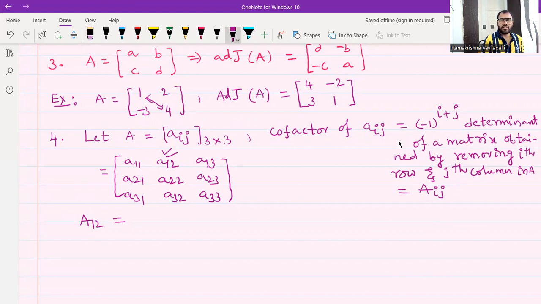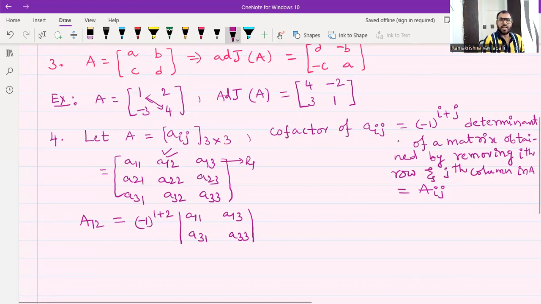It is (-1) to the power of 1 plus 2, determinant of the matrix left after removing the first row and second column. You write the remaining elements A21, A23, A31, and A33. Similarly, you can find the cofactors of all 9 elements.